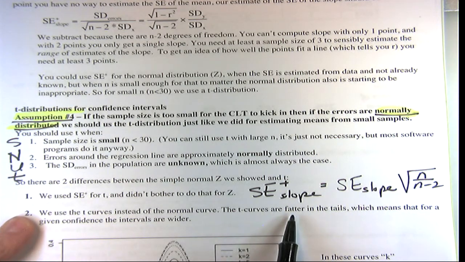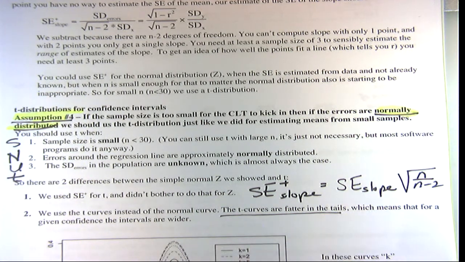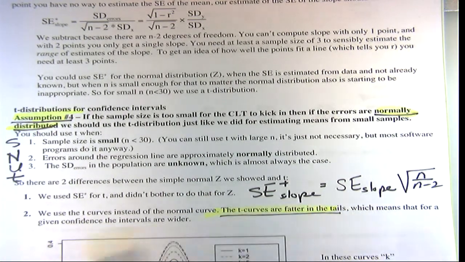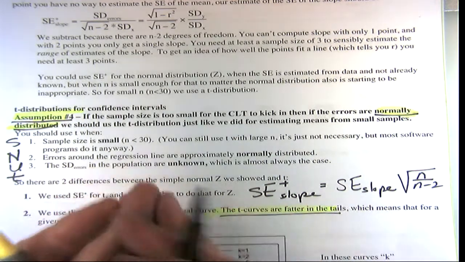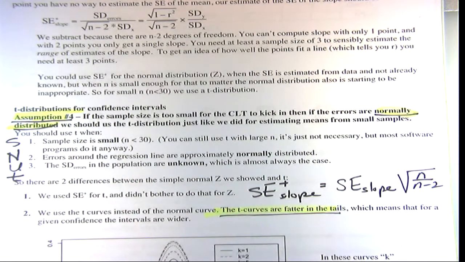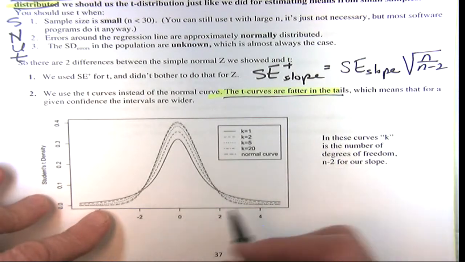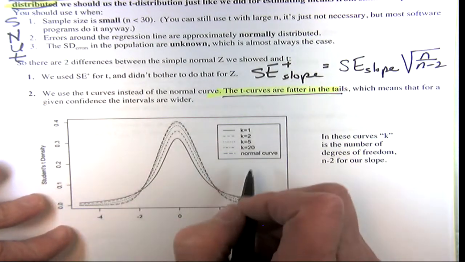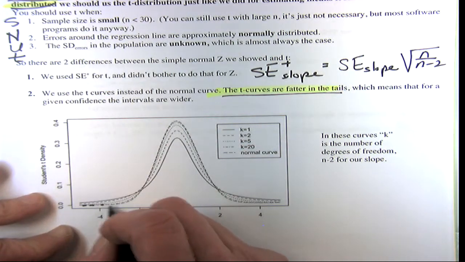The t-curves, that's a whole distribution of curves, are fatter in the tails. That's very important. Which means that for a given confidence interval, they're wider. So let's look at these. Now, the normal curve, right here, is the one that's tallest in the middle and skinniest in the tails.